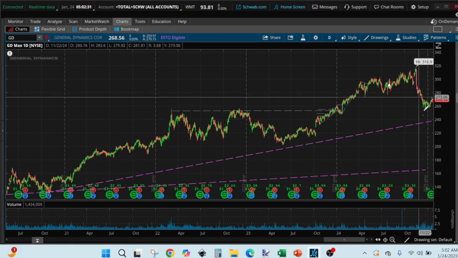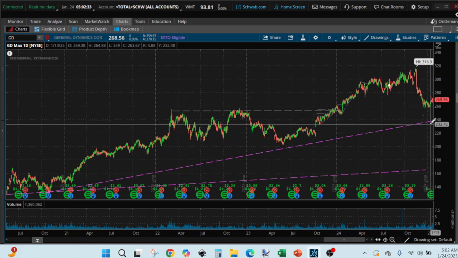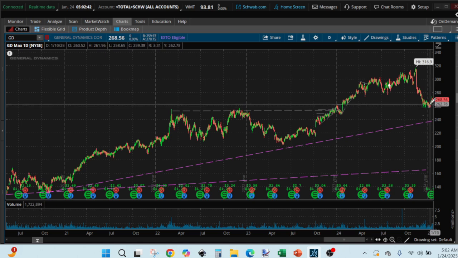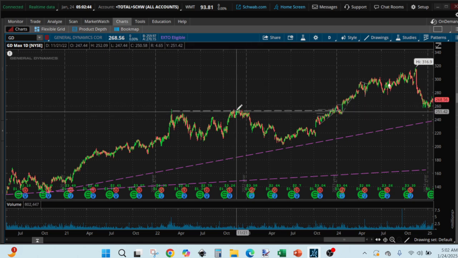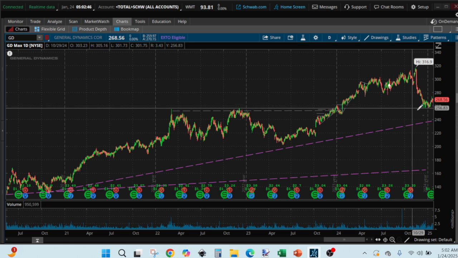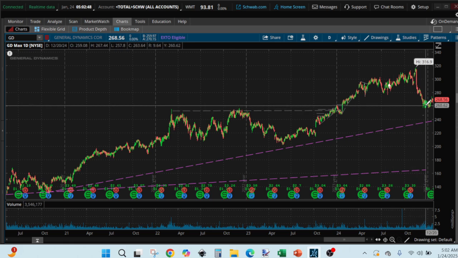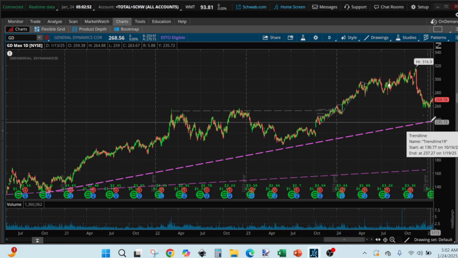So GD is pulling back to the trend line, but it's not quite touching it yet, and it starts going up from there. So GD is using this area as a support. Do you see this resistance line here? It's using it as a support and may not pull back to the trend line that I traced to go up.